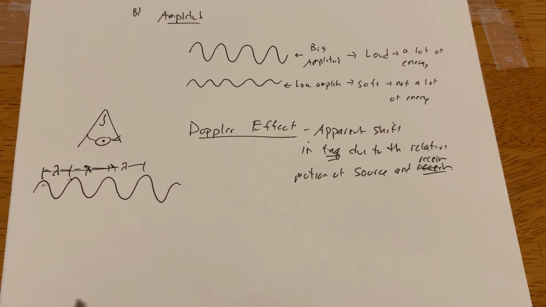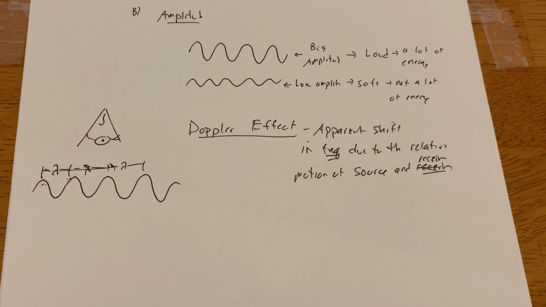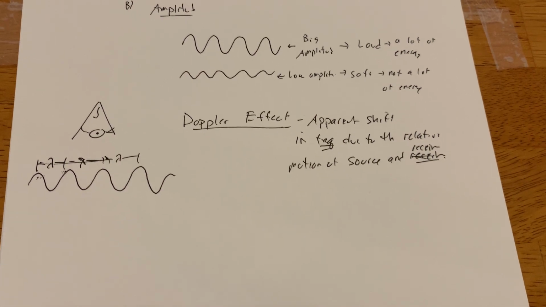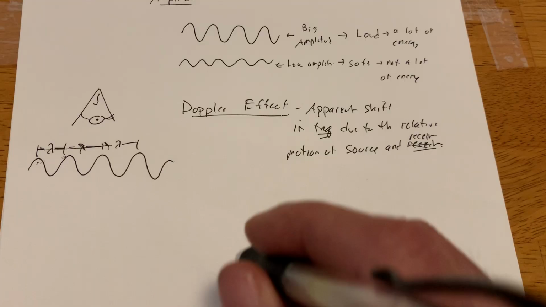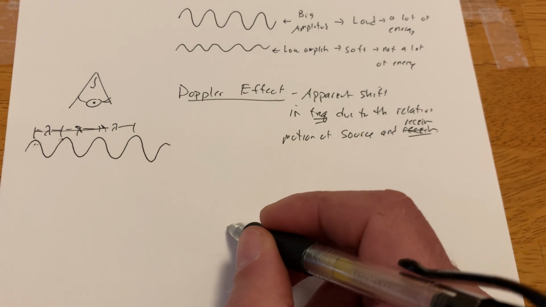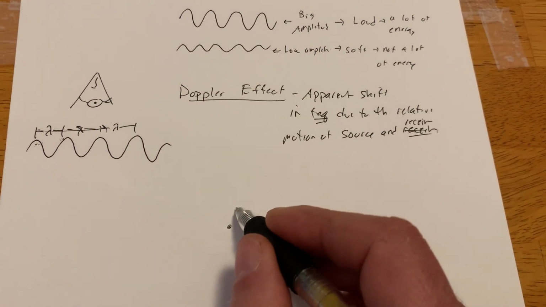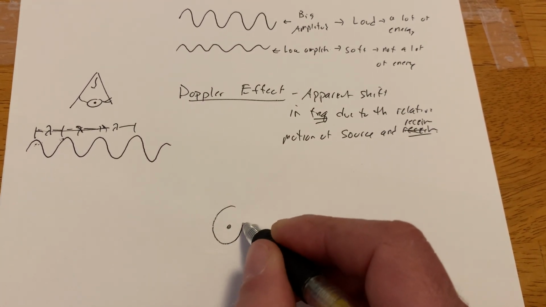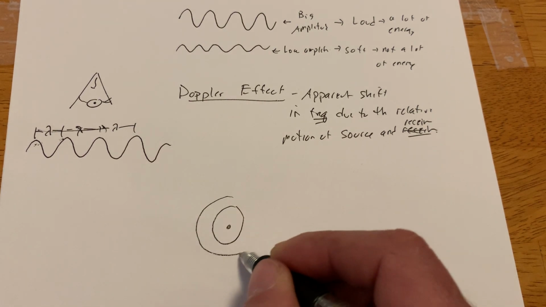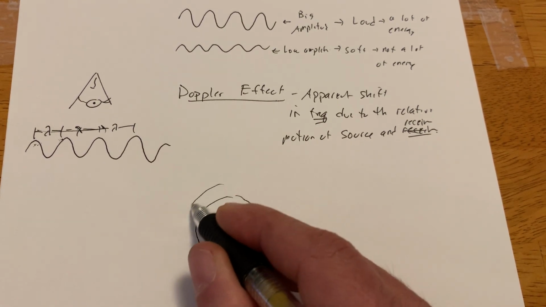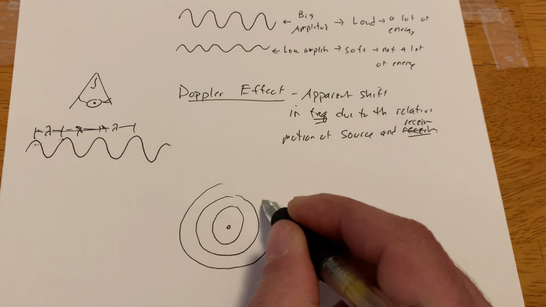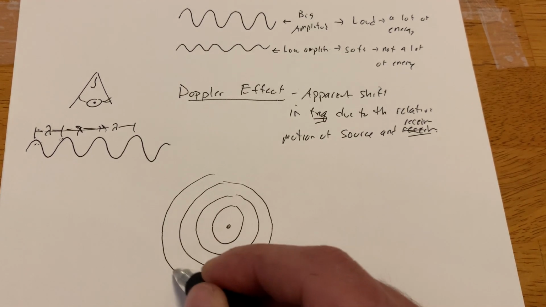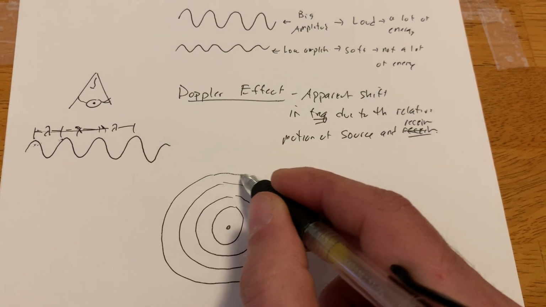Troughs as well, right? So, if I want to represent the Doppler effect, we look at this from a different point of view. Let's peek downward at a lake and drop a pebble into the lake. So there is the pebble. I'm dropping it into water. Well, what happens to the water? Everyone recognizes that the water waves are going to ripple outward from the center, right?